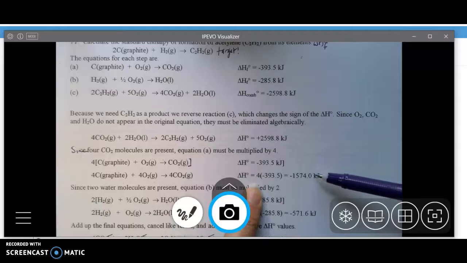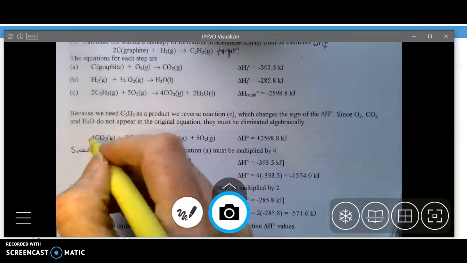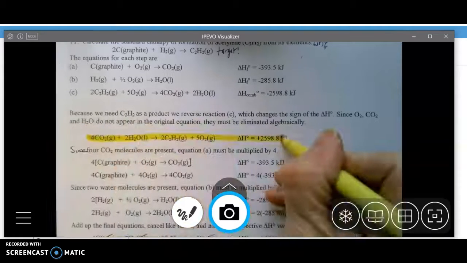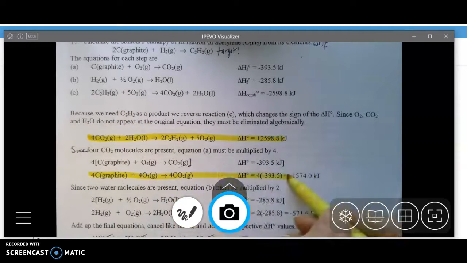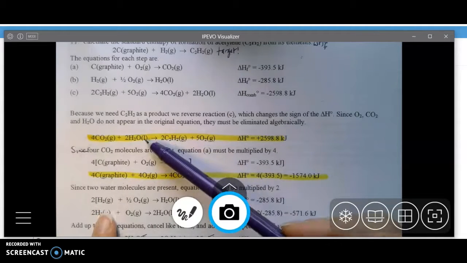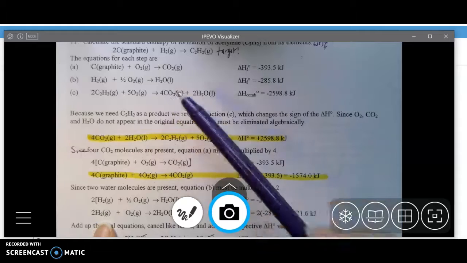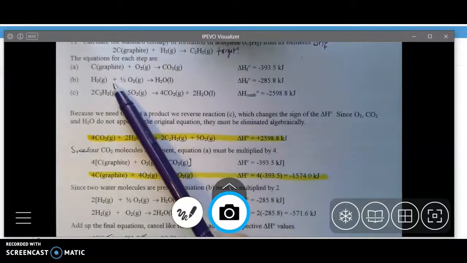So I'm going to highlight these equations so it kind of helps us down the road. If you want to do this, it might be helpful if you have a printout of this to do for your notes as well. So we have 2 water molecules present, so I have to do the same thing to my water equation.